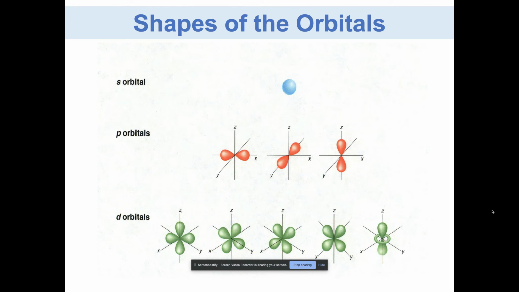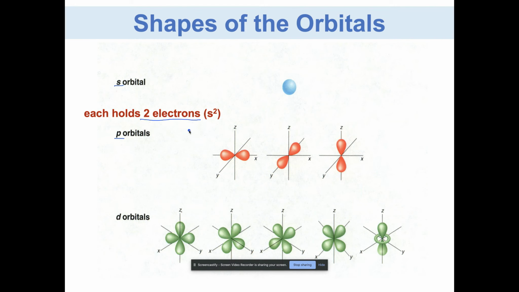And so here's some of the general ones. Now, for our purposes, I need you to have an idea of the S shape and the P shape. You need to know about the d orbitals and the f eventually, but I don't need you to try to memorize those shapes. So S, think sphere. It's really just a sphere. And the other important thing is that each S orbital can hold 2 electrons before it's full.